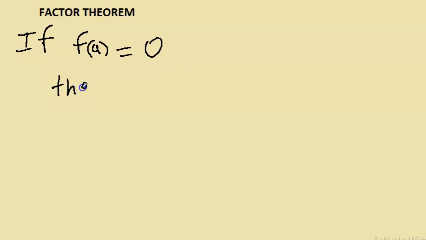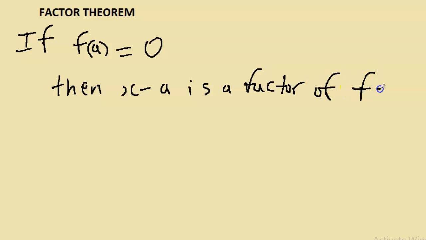So now I want to zoom in on the factor theorem. The factor theorem is just a special case of the remainder theorem. The factor theorem: if f of a is equal to 0, then x minus a is a factor of f of x.